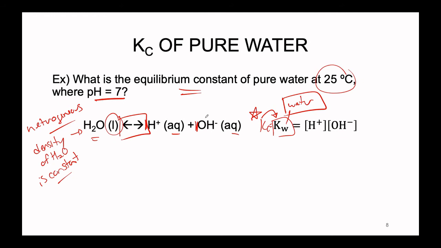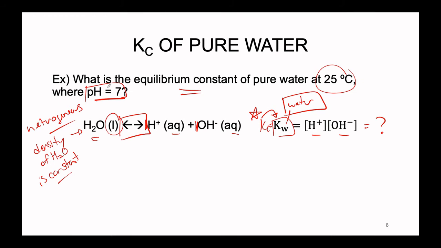Okay, so if we want to figure out what this special equilibrium constant is and how it gives us some information on the pH scale, well, we first need to know what the concentration of H plus and OH minus is, right? We need to figure out what this equilibrium constant value is equal to. And as I said, knowing that the pH is equal to 7 is enough to figure it out.